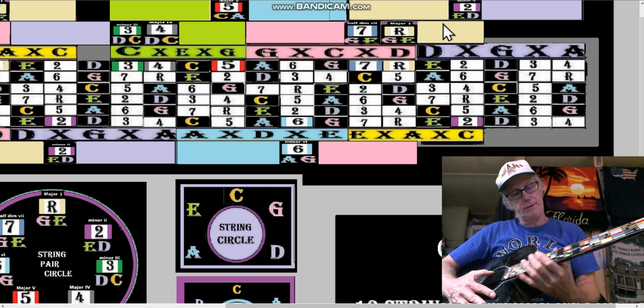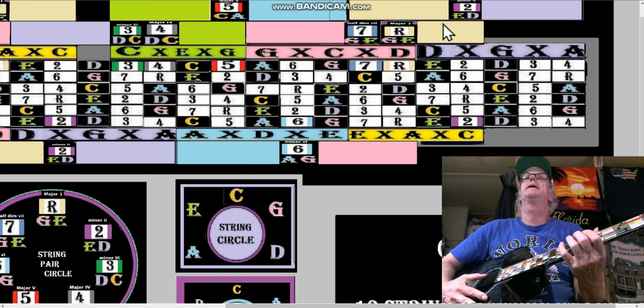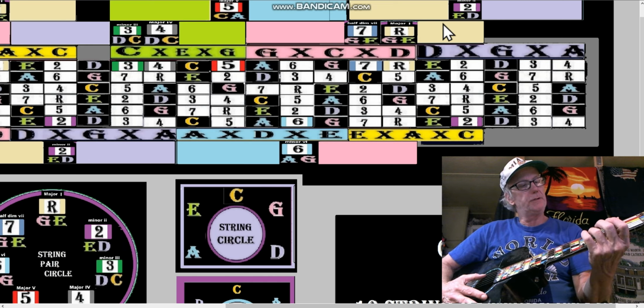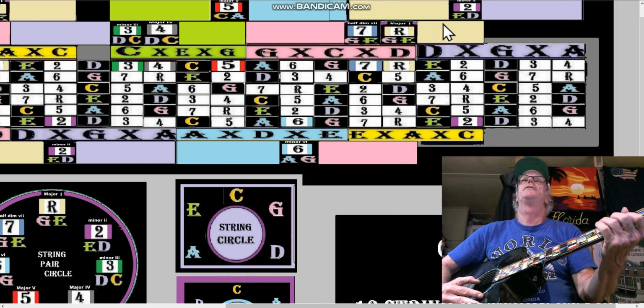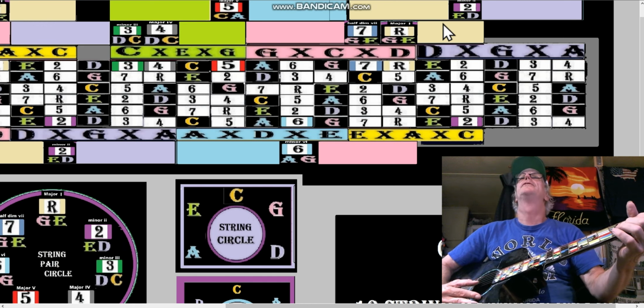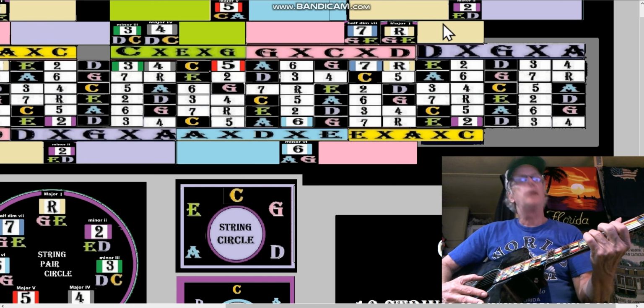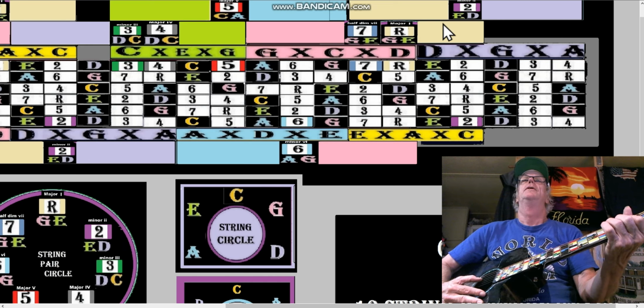Okay, so in the key of C, what were we in? Were we in the key of C? I hope so. It would be something like 4, 6, root, and then 4, 6, root. 4, 6, where am I? 4, 6, root, 4, oh, I had to go up the 4, 4, 6.